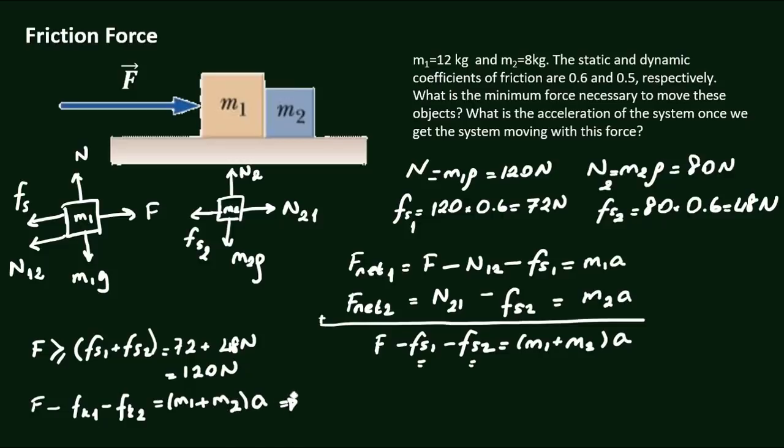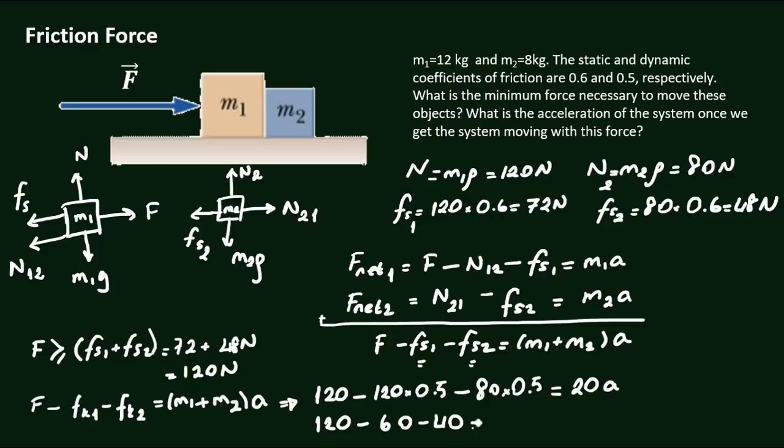So we would have 120 newtons minus 120 times 0.5, the kinetic friction coefficient, minus 80 times 0.5, equals M1 plus M2, which is 20 kilograms, so 20a. 120 minus 60 minus 40, which is 120 minus 100, so 20 equals 20a.